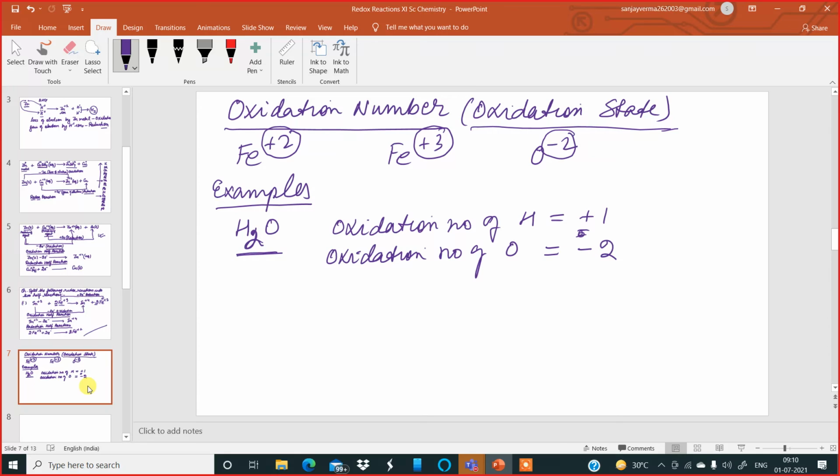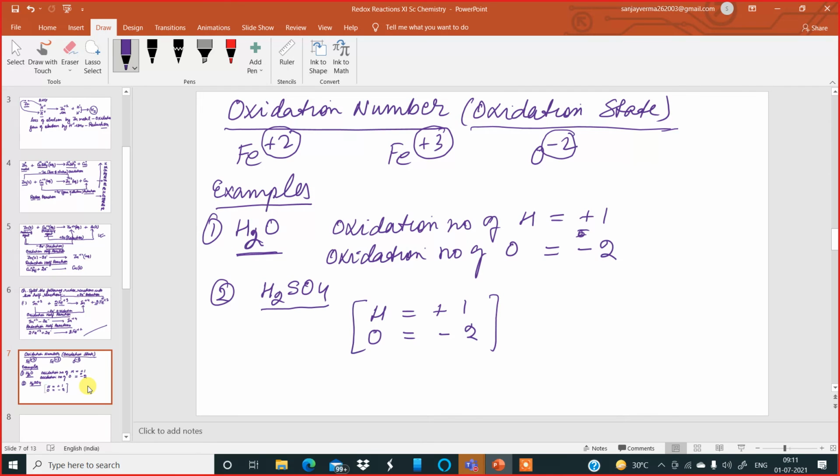This was example 1. Look at the other example. Let us take H2SO4. This is sulfuric acid. Here we can work out very easily. The oxidation number of hydrogen is plus 1, and of oxygen is minus 2.